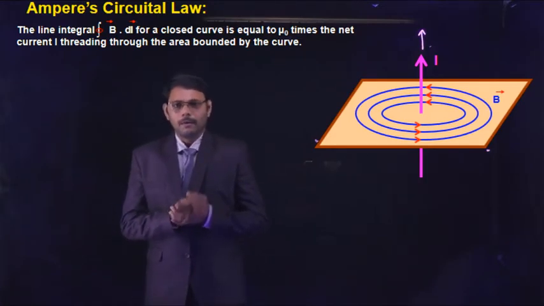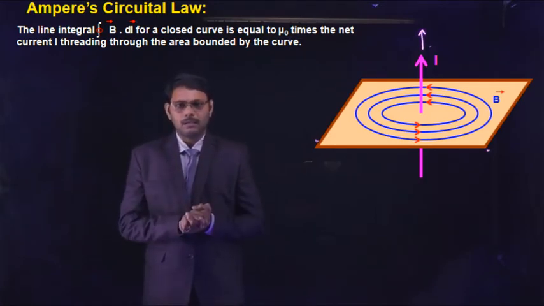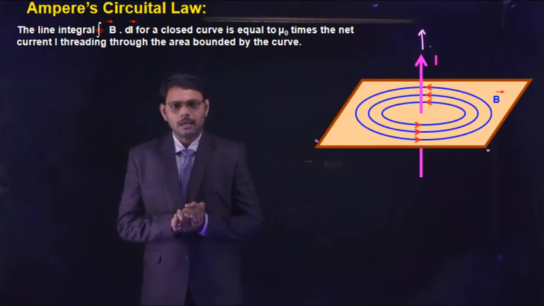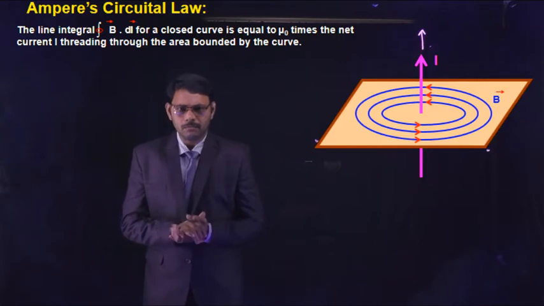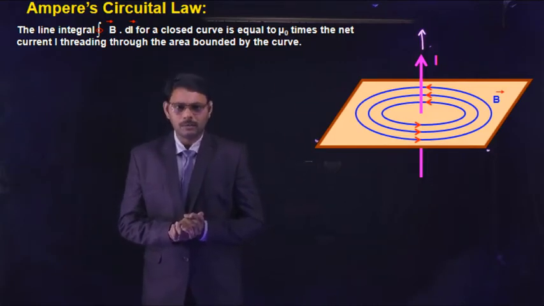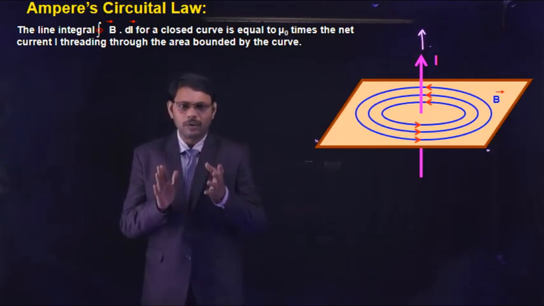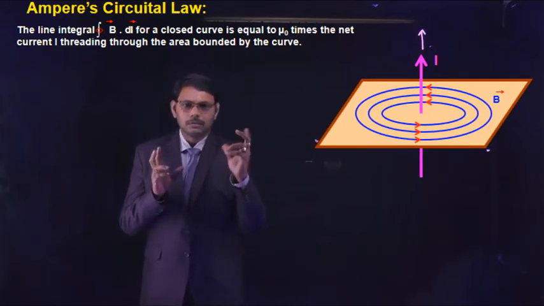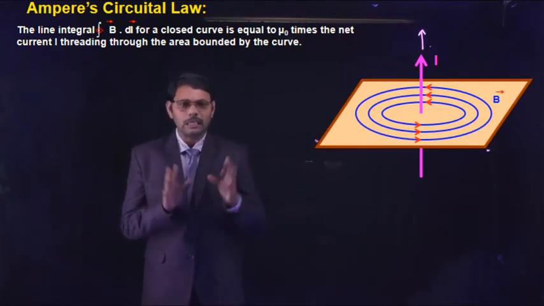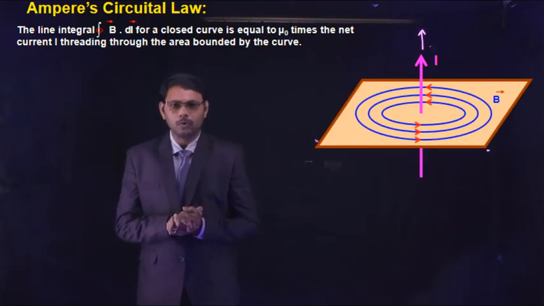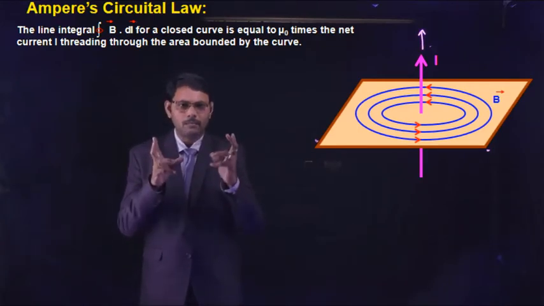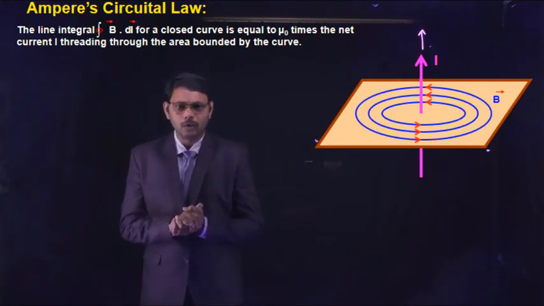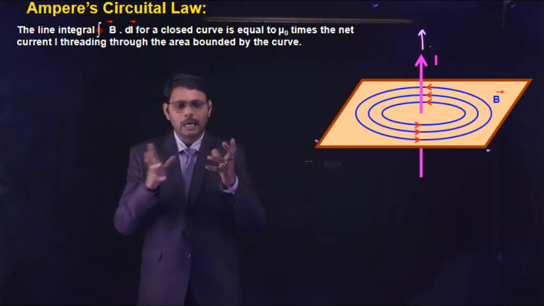Ampere's circuit law is one very important law in moving charges and magnetism, used to find the magnetic field due to curved, especially circular, current carrying loops. So to find the magnetic field, especially due to circular current carrying loops, we apply Ampere's law.